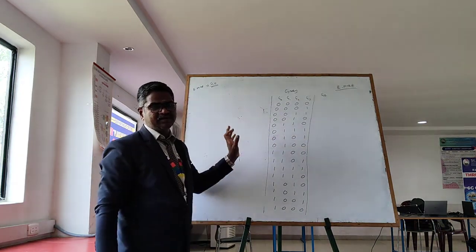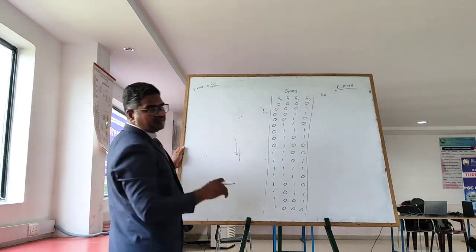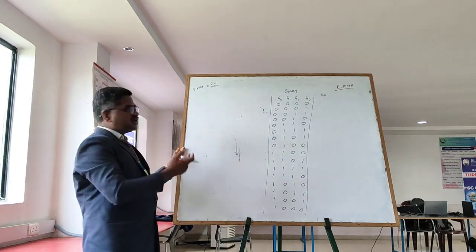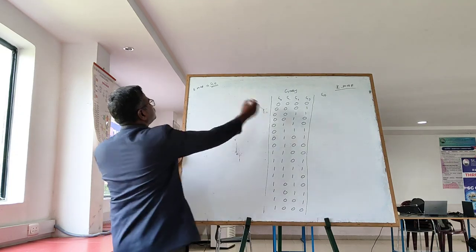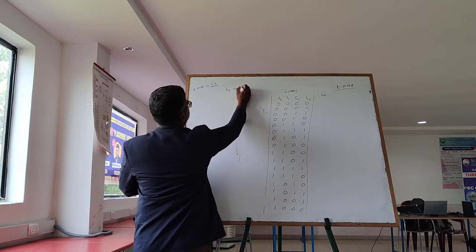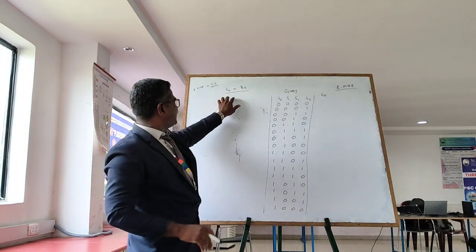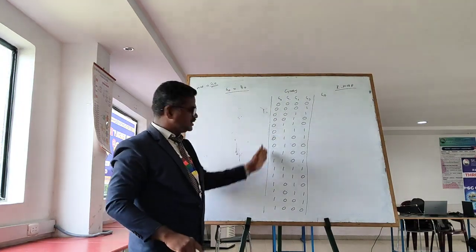Same means what? By default, G0 is nothing but B0. So the input-output of G0 is nothing but B0. There is no need of a K-map because the value I have in B0 is the same value in G0.